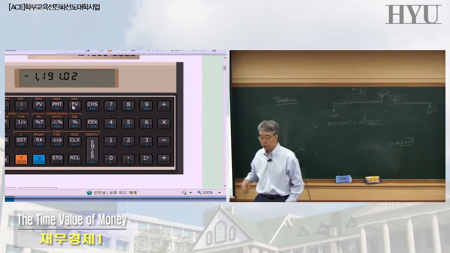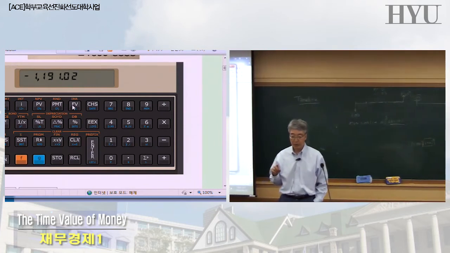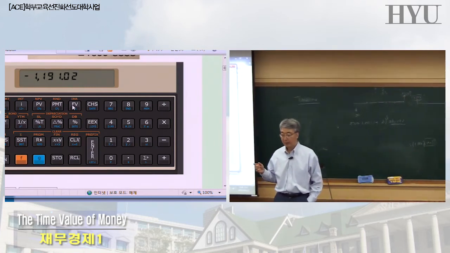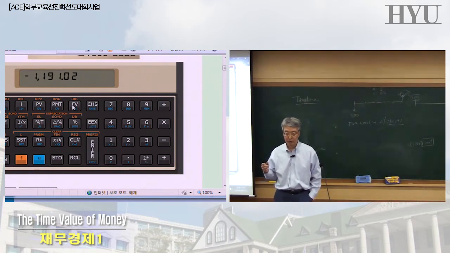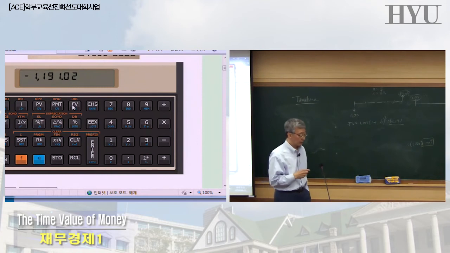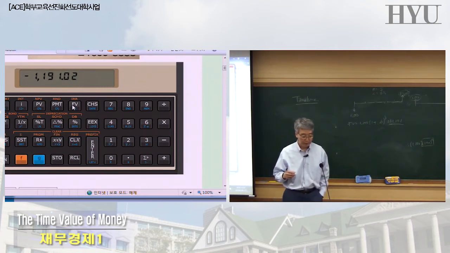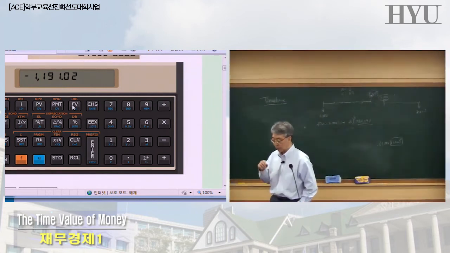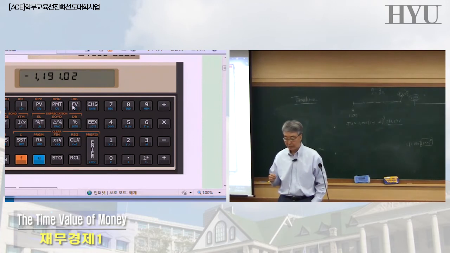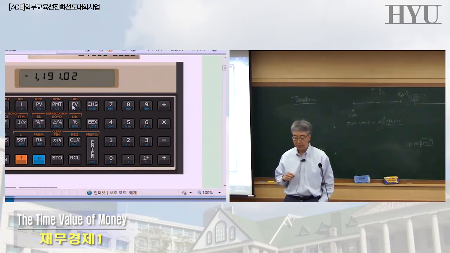There are two popular ones, the HP12C, this one, and the Texas Instruments BA II Plus. There are pros and cons. This calculator is slightly different. I'll show you later. Maybe I can show you right after this question. But I prefer this calculator. It's a lot easier to use.